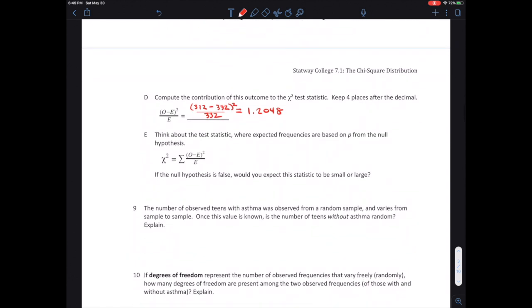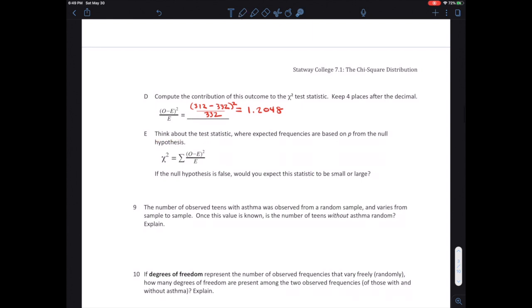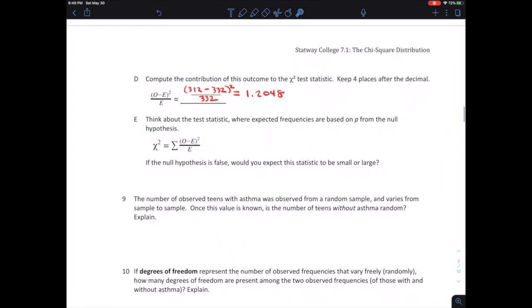We're going to add those up. There's a question E here, which I'm interested in. It says, think about the test statistic where expected frequencies are based on p from the null hypothesis. Here's the test statistic, this chi-square statistic. Now this is difficult, but listen. It says if the null hypothesis is false, what would you expect the statistic to be, small or large? The null hypothesis is false, which means the expected frequencies would be really wrong, meaning they should be really different from what's actually happening in reality.